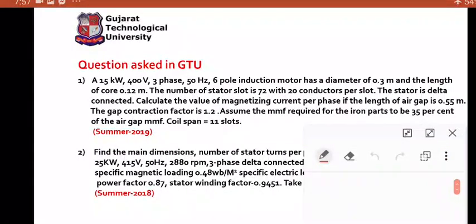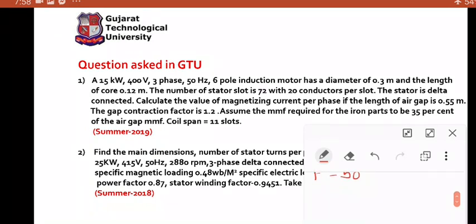Power P is given as 15 kilowatt. It is a 400 volt motor, which you can also consider as the voltage E. It is a 3-phase motor, and 50 hertz frequency is given, so f is equal to 50.